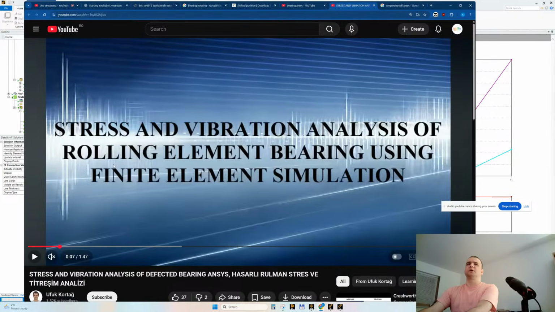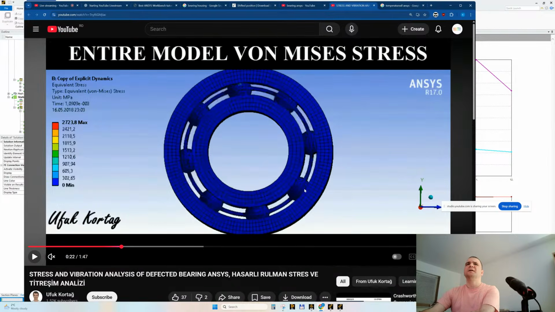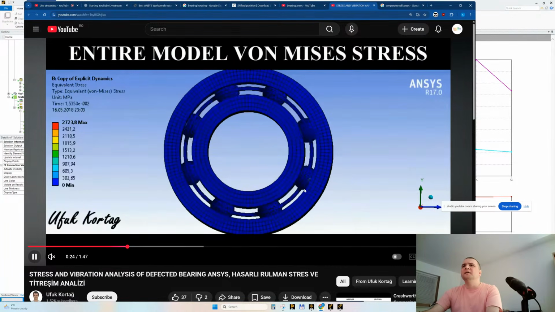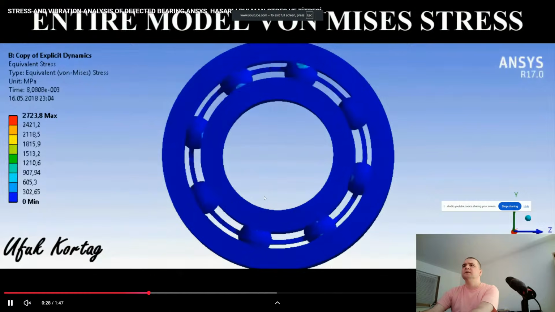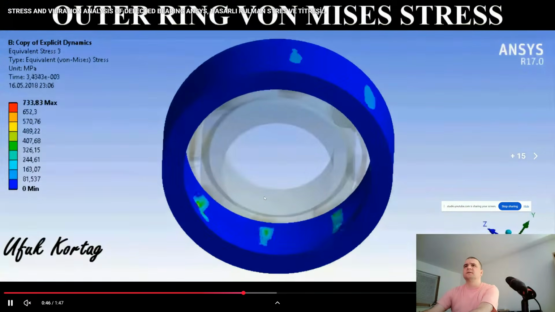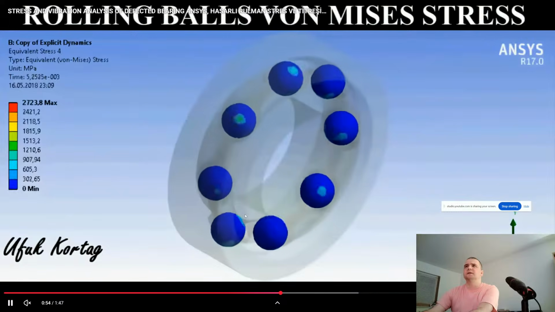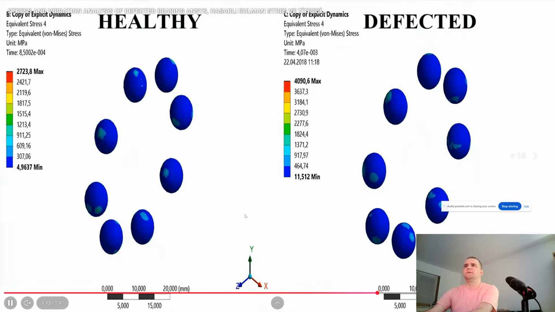Stress and vibration analysis of rolling element bearing using finite element simulation. Bearing. It looks nice at the first glance. It rotates correctly. It's nice. This is a nice FEA to publish and to show. This is plus value.